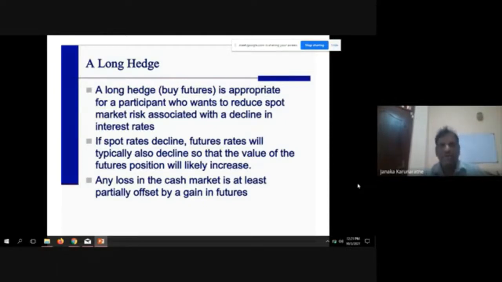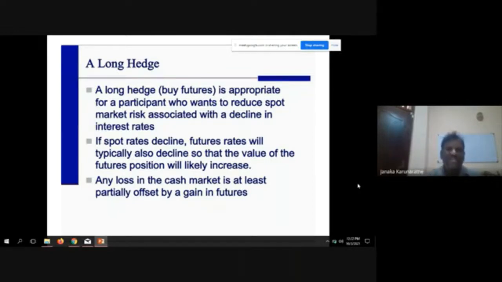Now look at a long hedge, buy futures. At what time you buy is appropriate. A long hedge is appropriate for a participant who wants to reduce spot market risk associated with a declining interest rate. So if you foresee a declining interest rate, what sort of hedge should you look for? A long hedge.